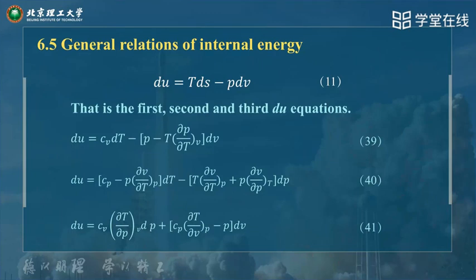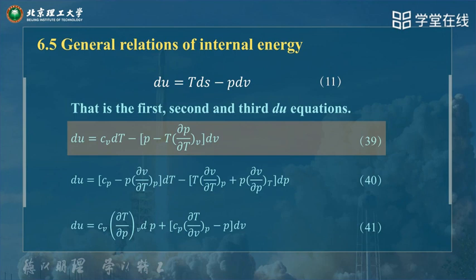Just here, dU equals Cv dT minus (P minus T times partial P over partial T, V constant) dV.